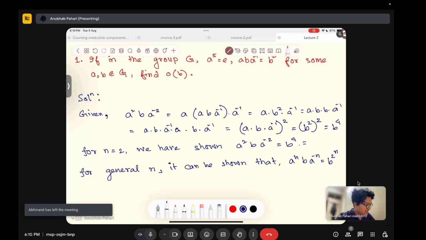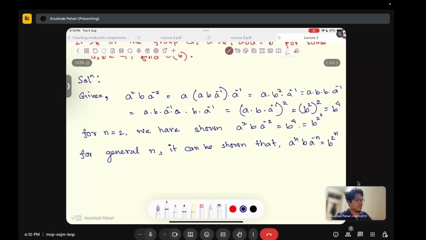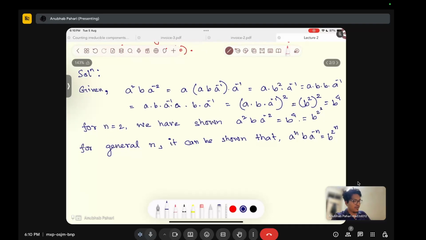I mean, this is just b to the power 2 square, and if you just follow this simple process, again you will get this, or say I am proving this. Now for induction I have proved the base case, that is n equals 2. I am assuming that for general n this is true.